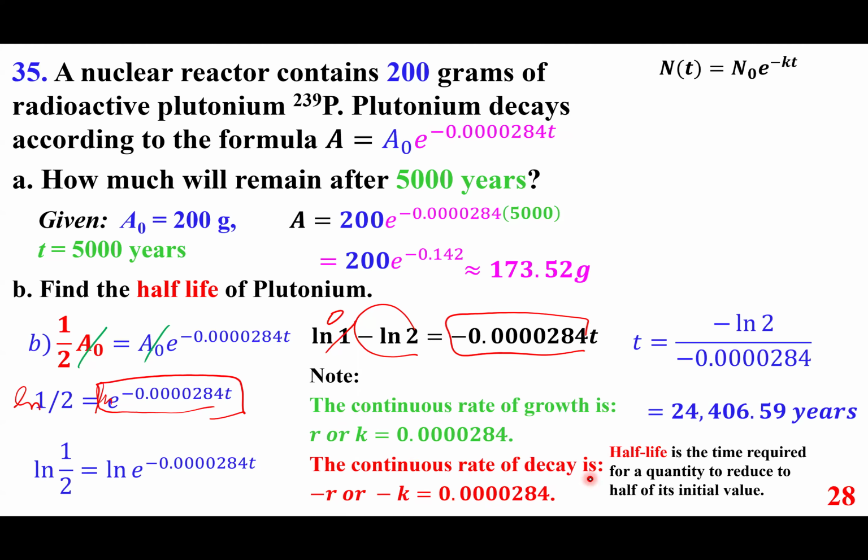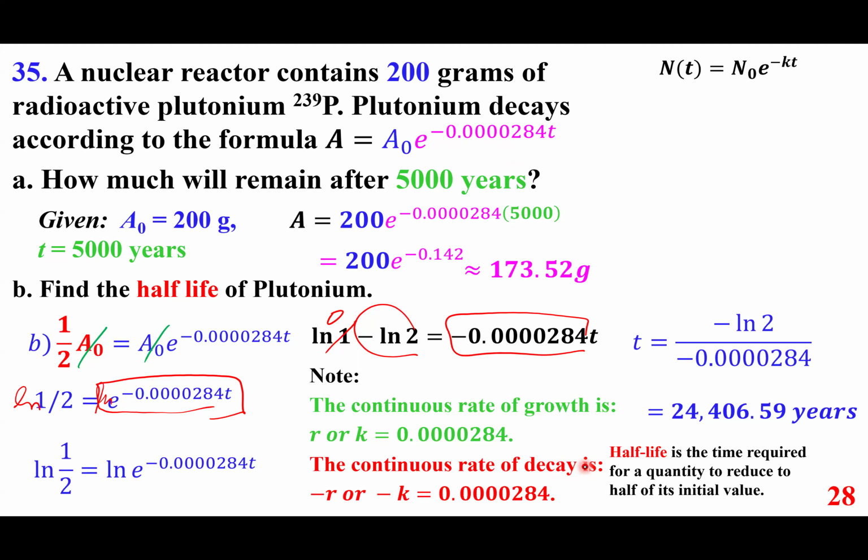Depending upon whether you use the exponential growth or exponential decay. Either way, if it was an exponential growth and this is not, you wouldn't have a negative here. That would be considered the continuous rate of growth for a positive case, for a negative decay. Because the moment you mention decay, it means negative.